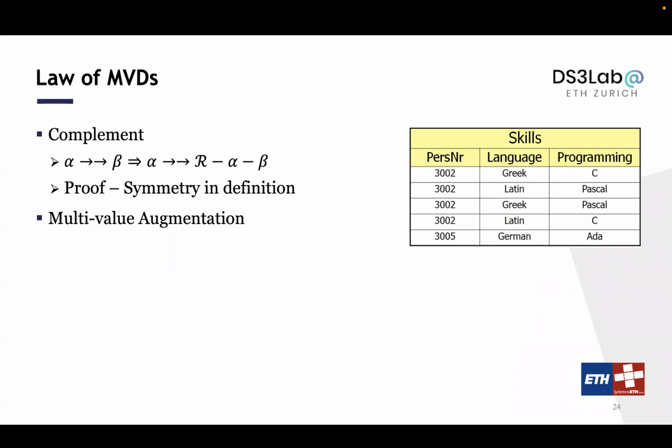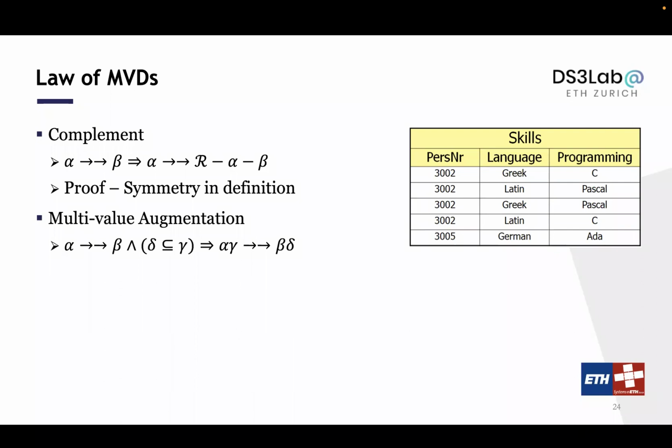And then there's another rule called multivalued augmentation, which looks like this. It's very similar to functional dependencies. You have a multivalued dependency from alpha to beta, and you have two collections of attributes, delta and gamma, where delta is a subset of gamma. You can put the gamma on the left hand side and delta on the right hand side.